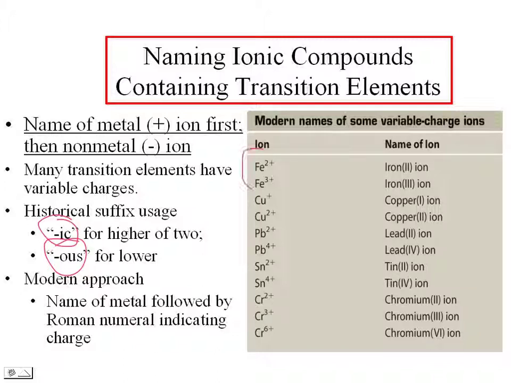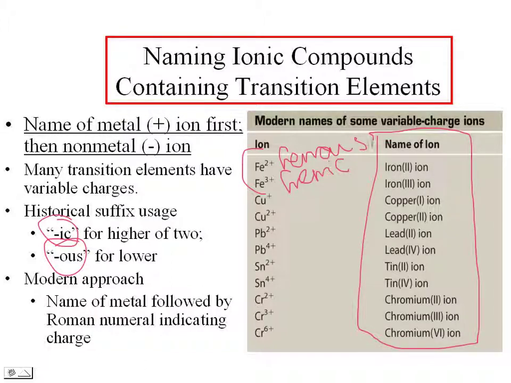For iron, iron +2, the lower one, would be called ferrous. And iron +3, the higher, is called ferric. That's kind of the old way. We don't really use that as much anymore. You might see it, but usually what you'll do is what you see here. You just name the ion, followed by a Roman numeral that indicates the charge. For iron +2, you put iron and then the Roman numeral II in parentheses. And for +3, you put III in parentheses.